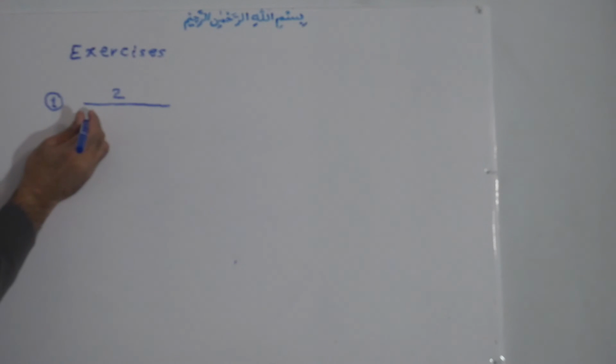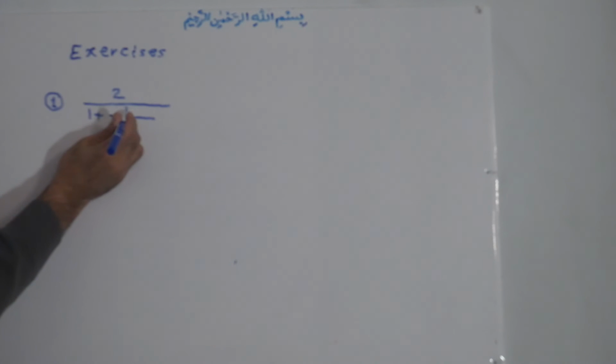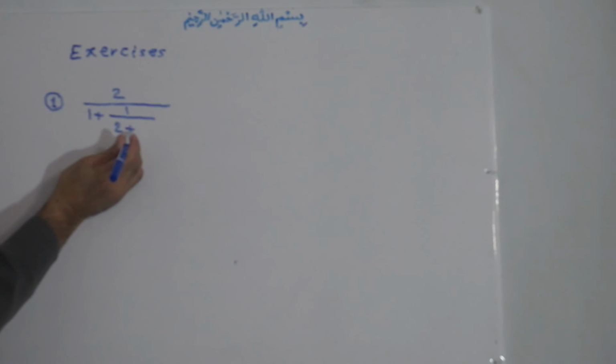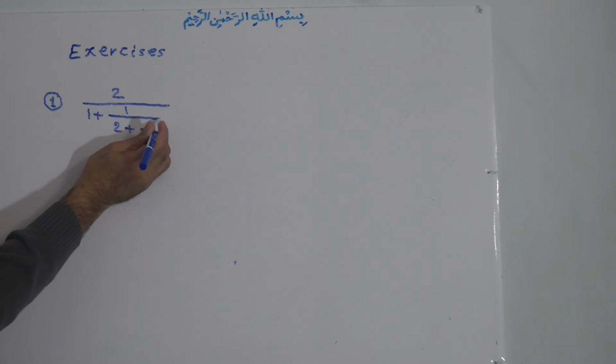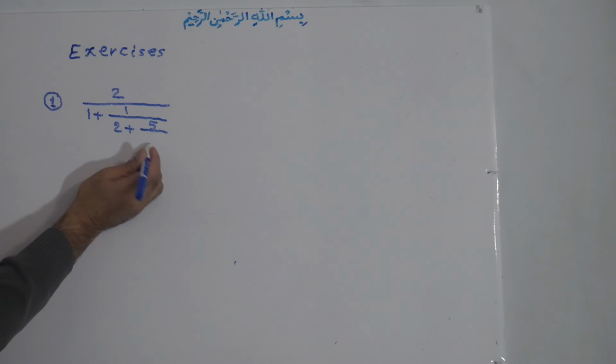Number 1: 2 over 1 plus 1 over 2 plus 5 over 4.